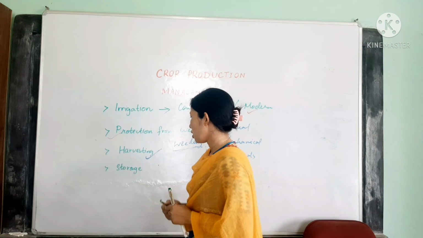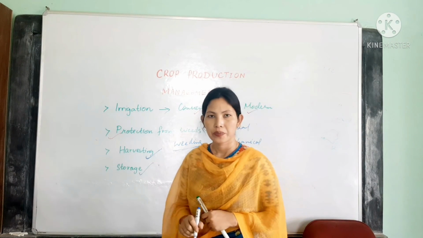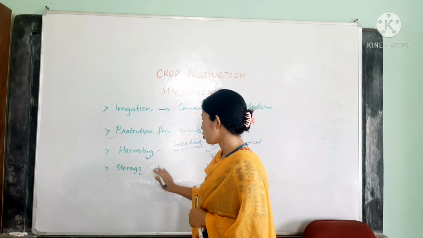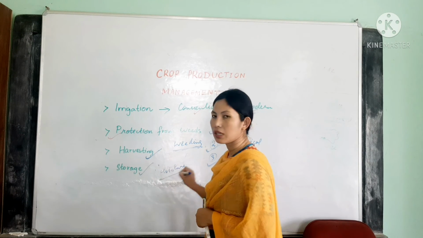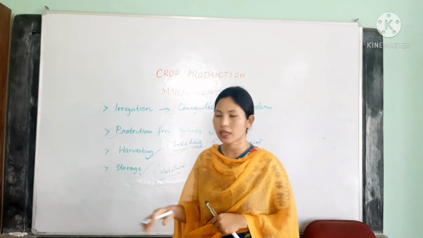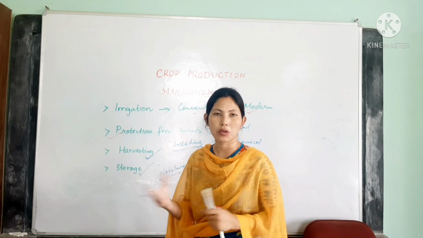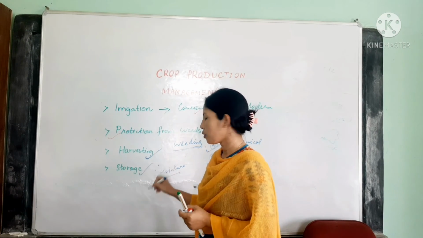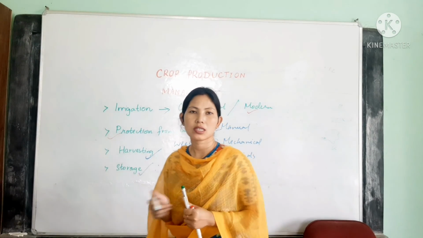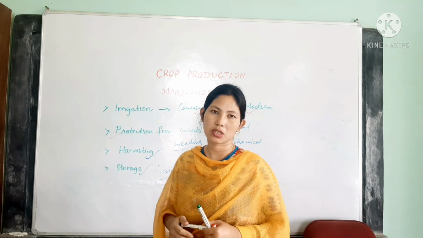For storage, the important thing to keep in mind is moisture, right? Our grains should not contain any moisture, because this moisture will attract insects or allow microbes to grow, and gradually it will spoil the entire grain. So before we store it, we have to dry it properly under the sun so that all the moisture is dried up.